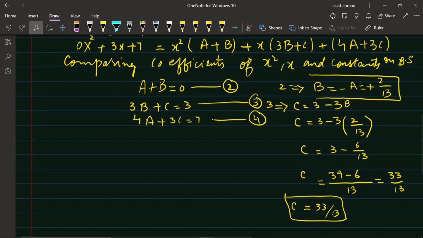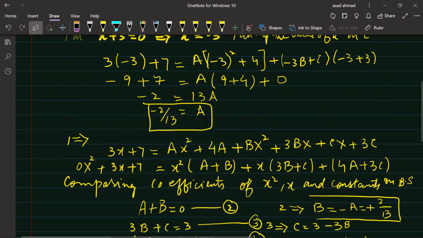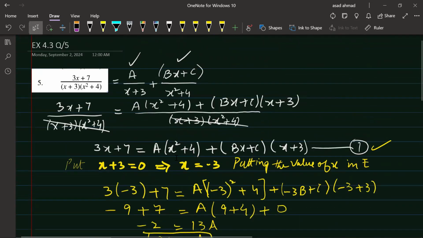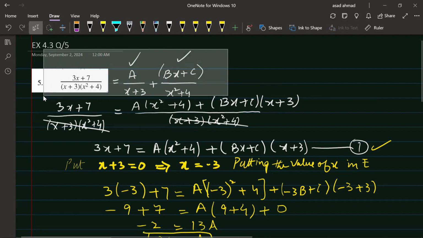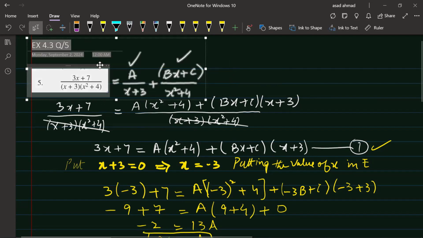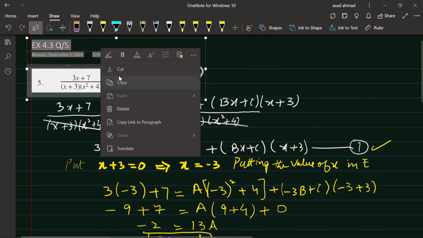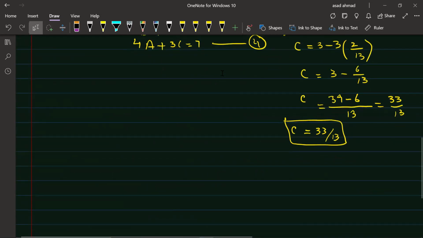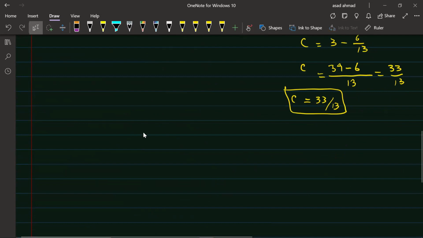Now we will substitute the calculated values of A, B, C in the very first line of the question to finish the value. So the important step right here is the statement of the question. We would paste it right here.